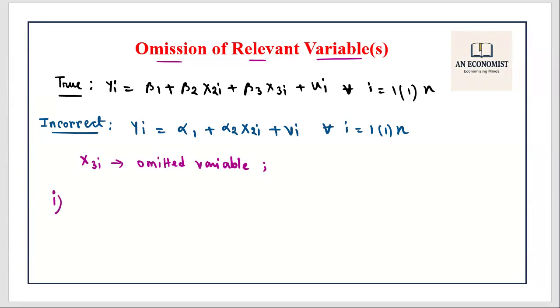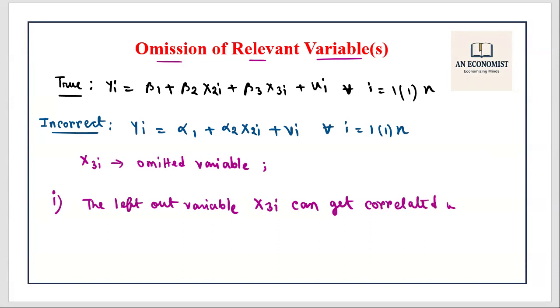The first consequence is that the left out variable, that is this x3i, can get correlated with the included variable, which is x2i.